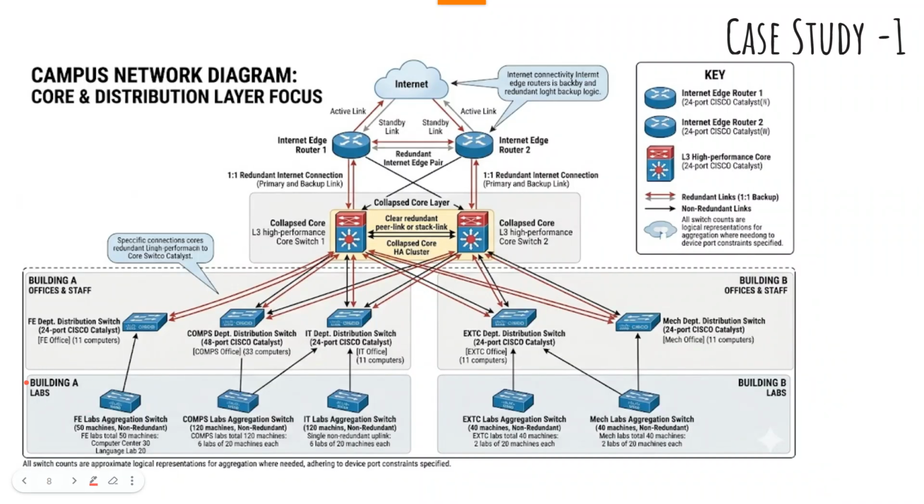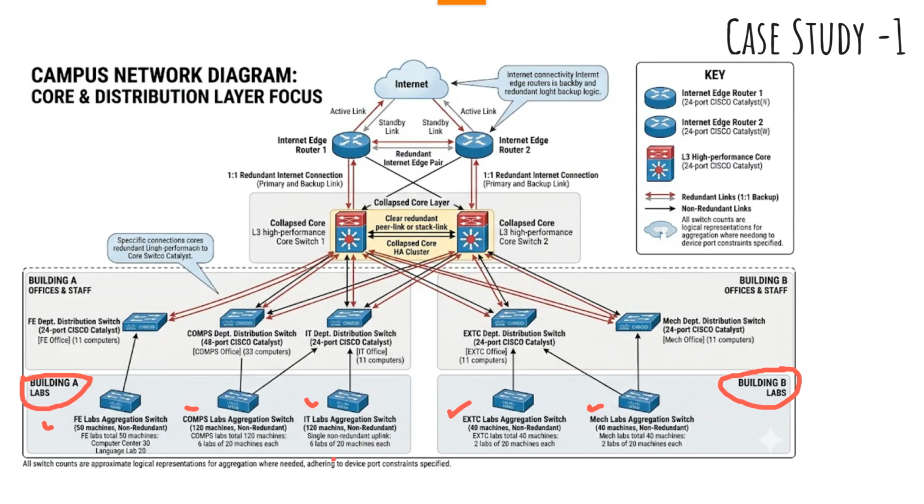So you have two buildings, building A, where there are all the labs, and building B, where there are some of the labs. So you have EXTC and mechanical labs in building B, and you have FE, comps and IT. We are assuming that each floor is allocated to each department, and therefore the labs are in that fashion.